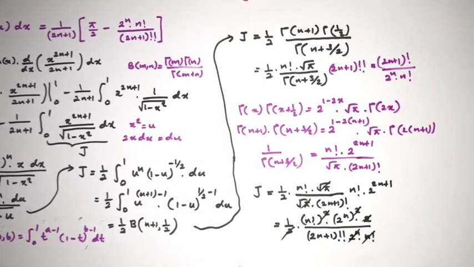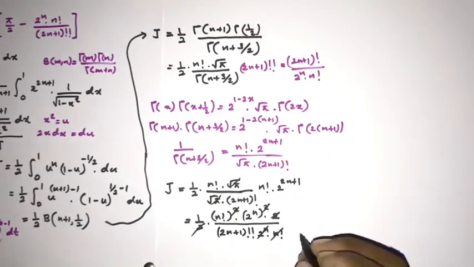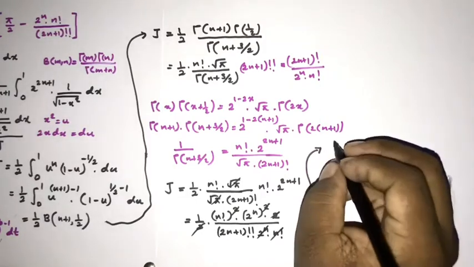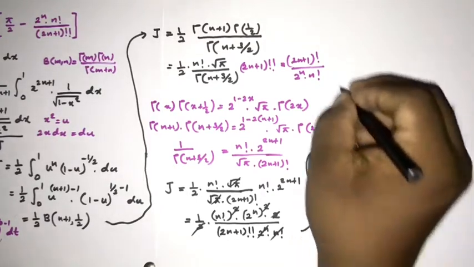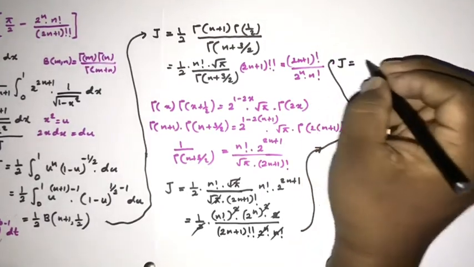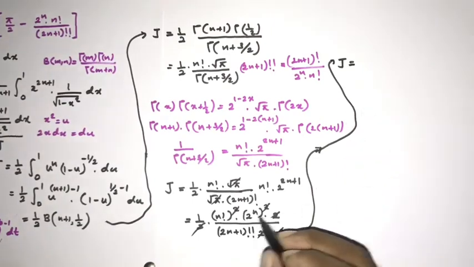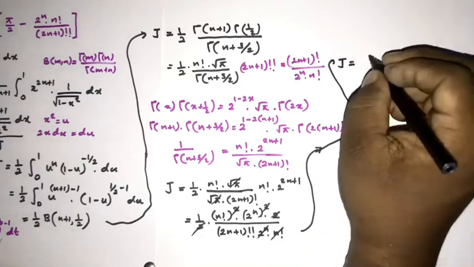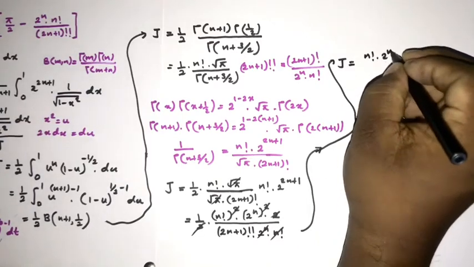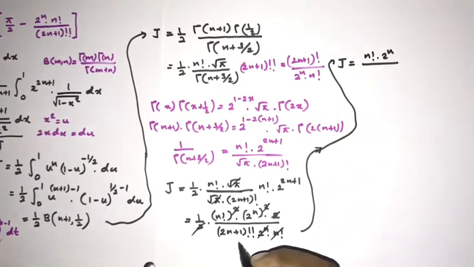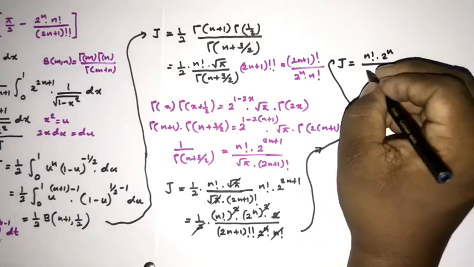Now we have J is equal to 2 raised to the n times n factorial over 2n plus 1 double factorial.